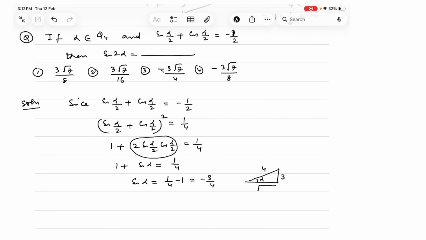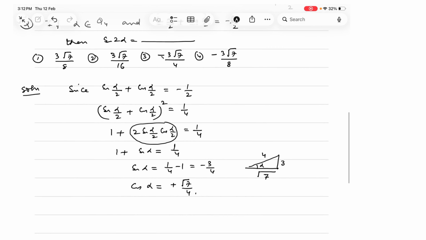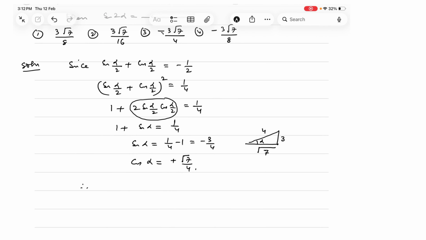Now remember, if opposite side length is 3, hypotenuse is 4, adjacent side will be root of 16 minus 9, which is root 7. And because alpha lies in the fourth quadrant, cos alpha will always be positive. Therefore, it will be positive root 7 by 4. Therefore, sine 2 alpha, which we already know, is 2 sine alpha cos alpha, it will be 2 into minus 3 by 4 into root 7 by 4.